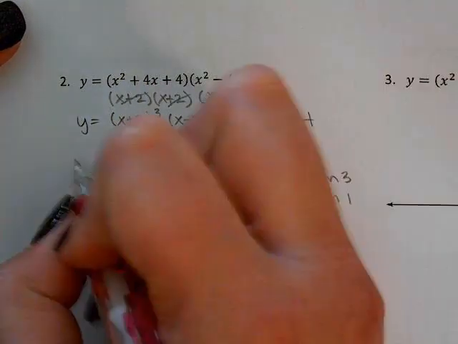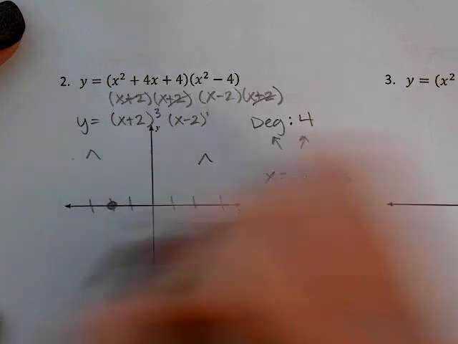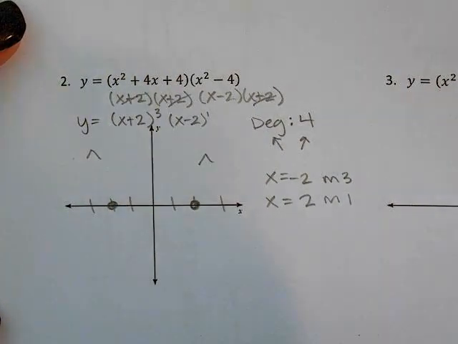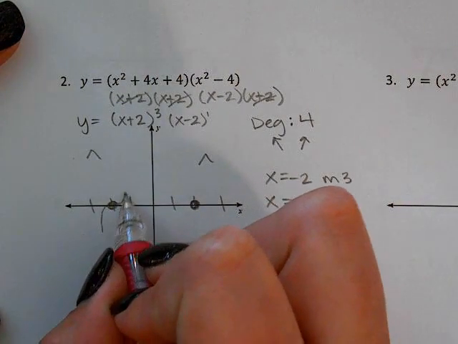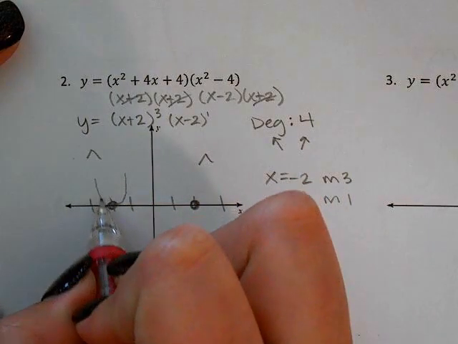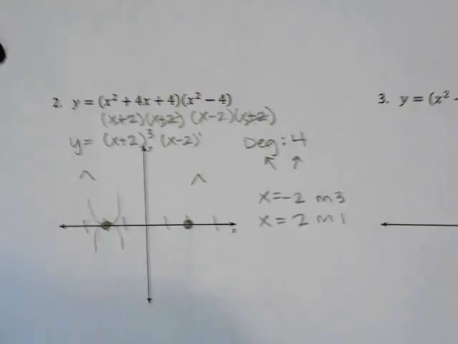Okay. So we've got up arrow, -2, +2. Okay. So for a multiplicity of 3, should it go up, level off, go up? Or should it go down, level off, go down? Which one? Down, level off, go down.